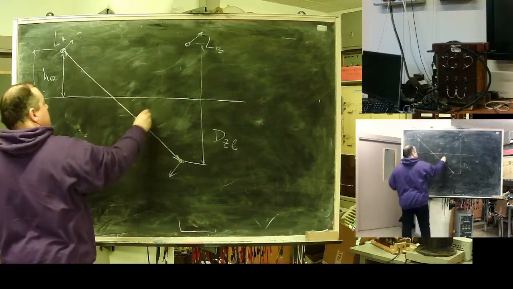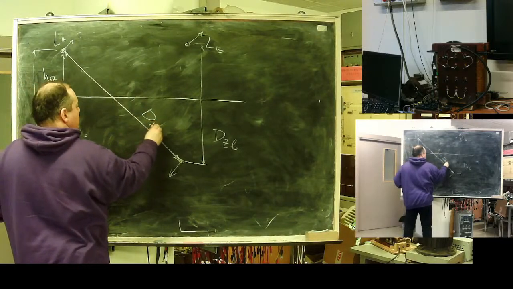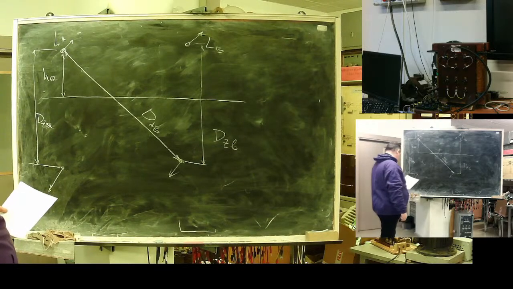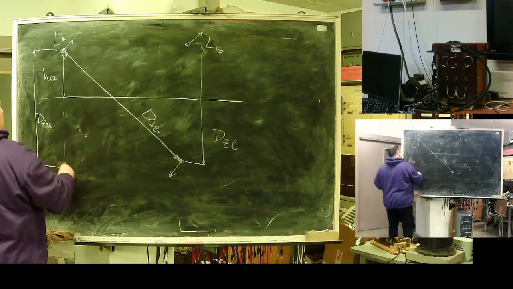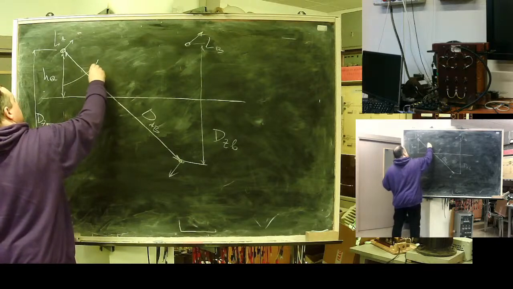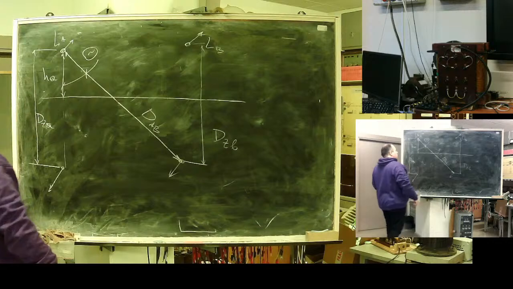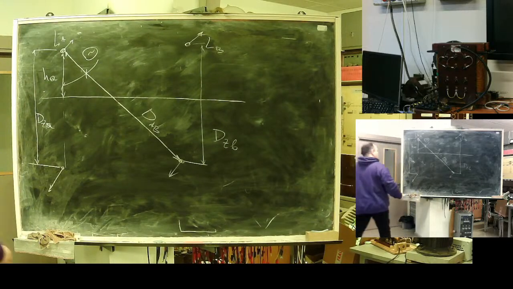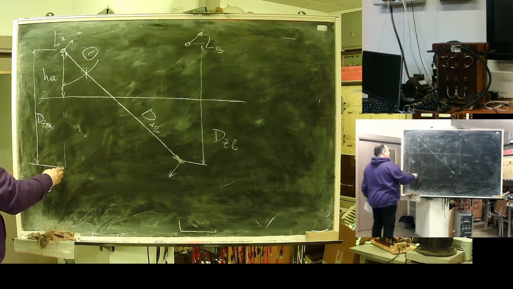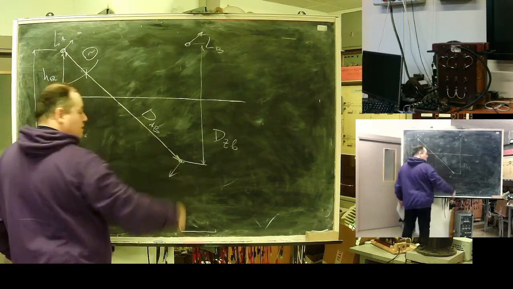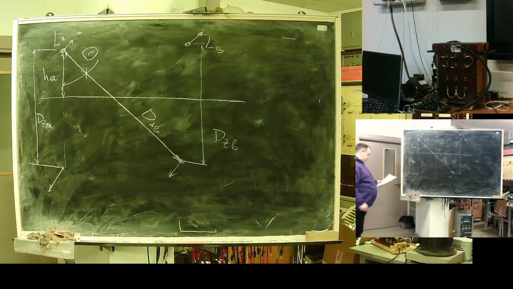This distance AB, and a key element is this angle. That is the angle between, let's say, the A line axis and the coupling axis.